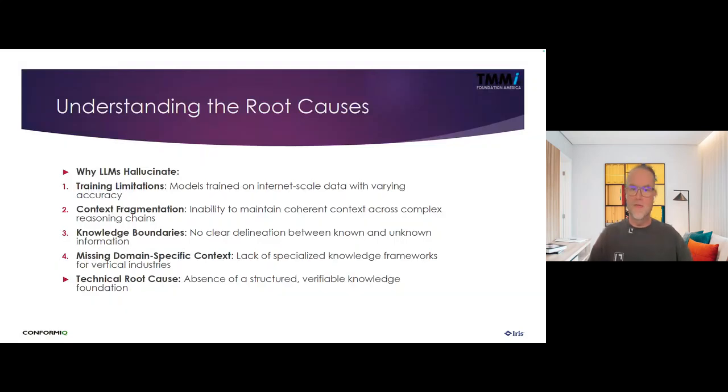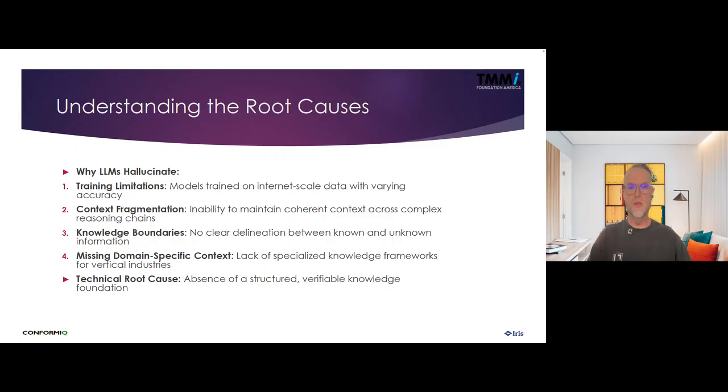They learn patterns, not facts, which means they're statistically modeling what words should follow the words they produce based on the context that they understand, and not reasoning about truth. This is a fundamental limitation in their design. To put it bluntly, these models weren't built to be accurate. They were built to be fluent and to provide answers.